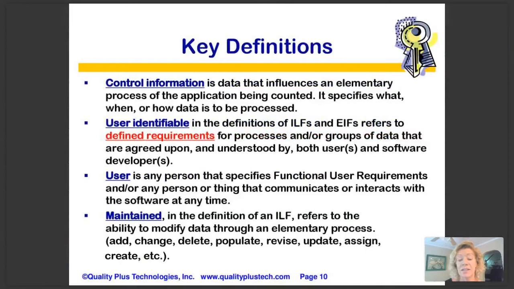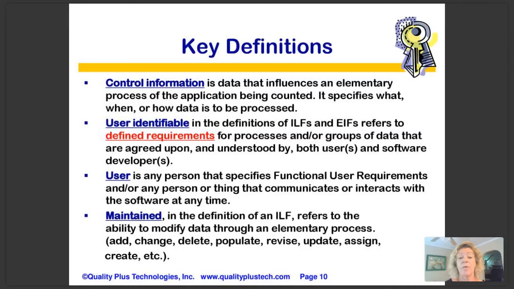Key definitions. Now definitions, remember, this is going to apply to part 1 of the exam. So the word control information. Control information is data that influences an elementary process of the application that we're counting. So control data says what, when, or how we're going to process data. Those are things like show me, present to me, greater than, less than.